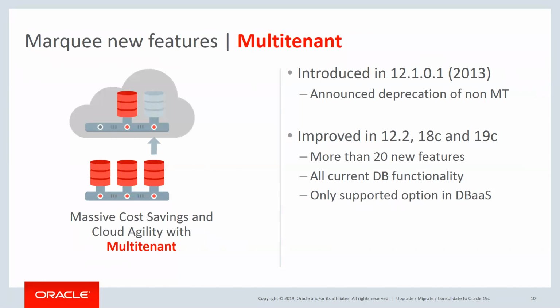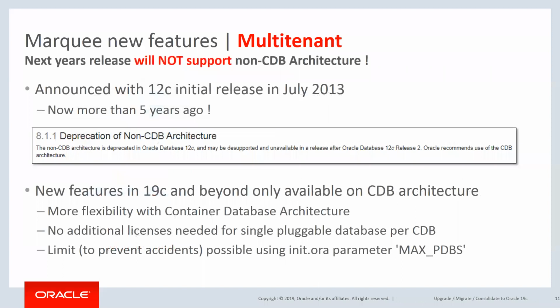The demands to keep things available, and to keep things ready for your developers with easy, rapid development, can basically only be done using multi-tenant. So we started it in 12.1.0.1. It got really good in 12.1.0.2.